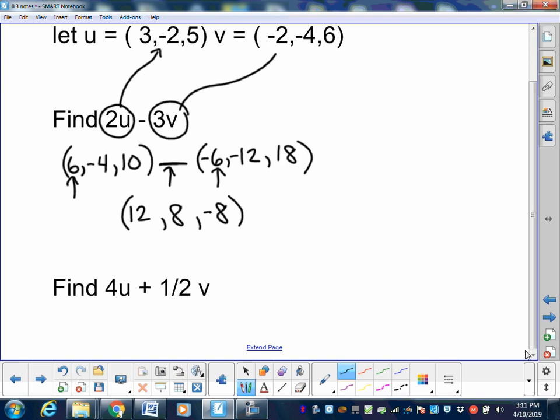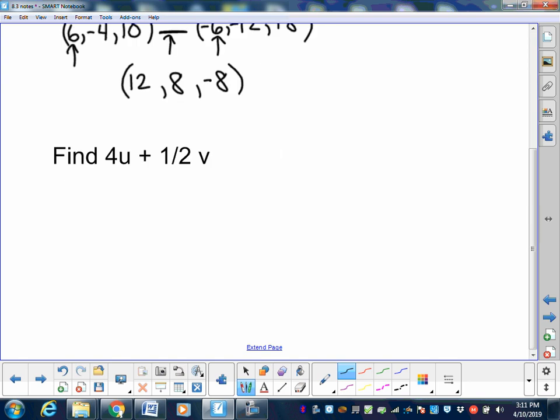One more of these, and then the last section, and we're pretty much done with notes today. Take everything in u and multiply it by 4, and everything in v, and take half of it. Everything in u multiplied by 4 is going to be 12, -8, and 20. Half of everything in v is going to give you -1, -2, and 3.